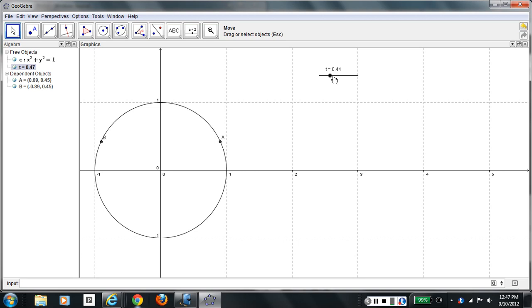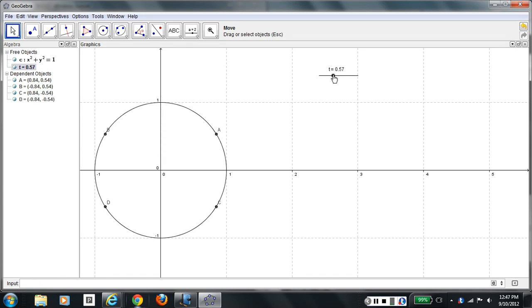So the 2 points will move in tandem when you do that. And then cosine T, negative sine T, like that. And so they'll all 3 move, and the one more, both negative: negative cosine T, negative sine T, like so.